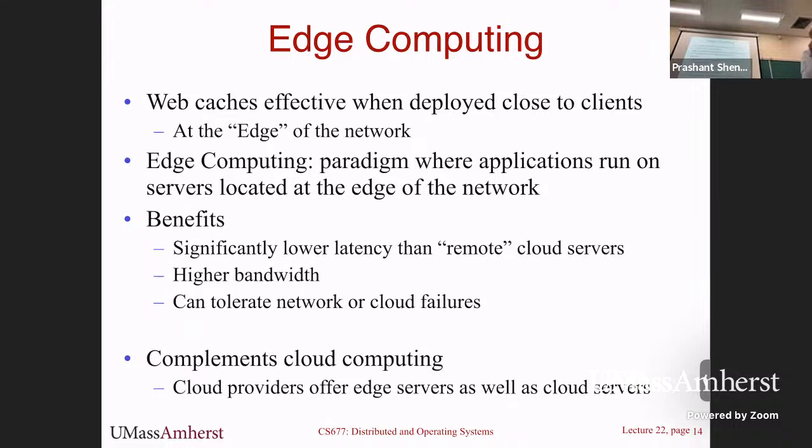Just as you can go and create an instance on an EC2 instance or an Azure cloud, you can ask each of these cloud providers to give you a server close by. There may be all kinds of edge locations. Amazon has an edge site in Boston. So you don't need to go to Washington or California. You can just say, give me an instance in Boston, and they'll give you a VM that exactly looks like a cloud VM, except that it is nearby. So you can run your services close to where you are instead of further away.